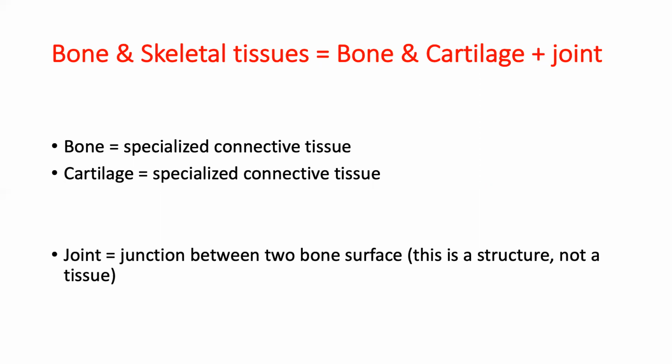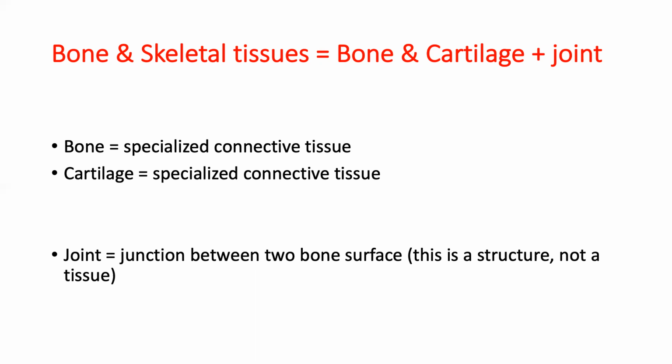So in the sea of matrix, there will be cells spread inside. And what is a joint? A joint is a junction between 2 bone surfaces. Now a joint becomes a structure, it's no longer a tissue.